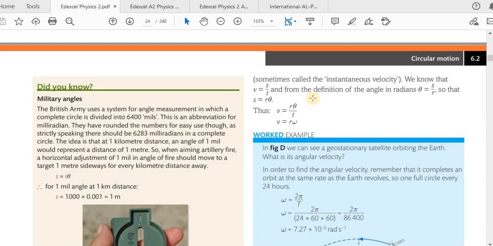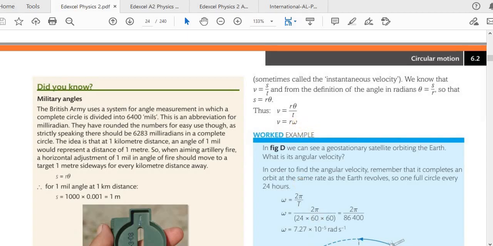Now in this case they say at that instant, so it's the instantaneous velocity. So we get v equals s over t, and theta equals s over r, so s equals theta r. This is how we derive the third equation, v equals r omega.